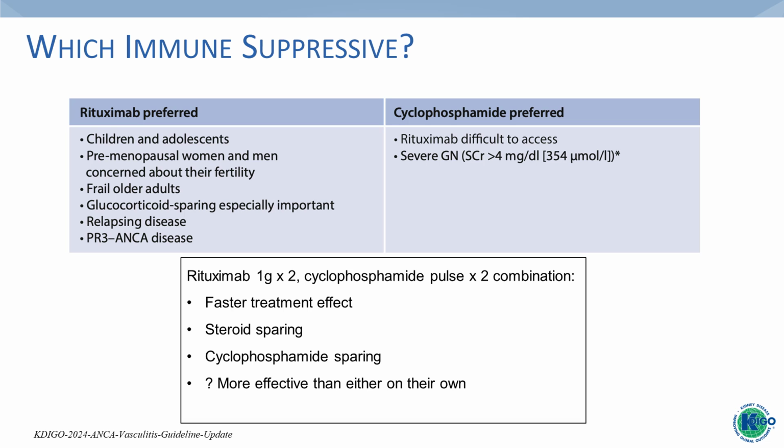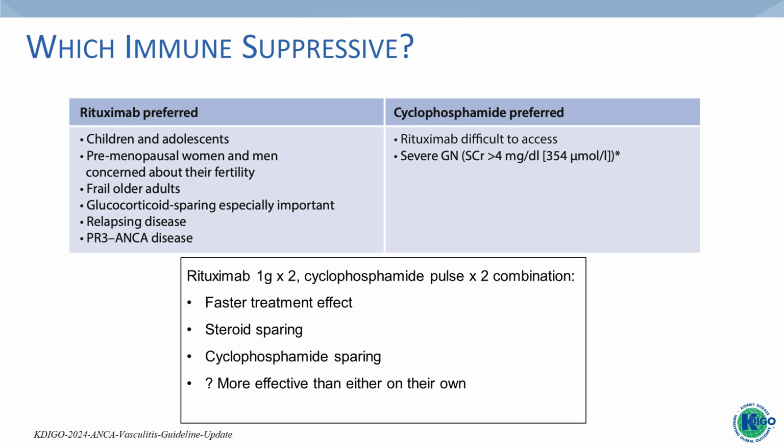So how do you choose between these options? Well, rituximab is preferred for children and adolescents, premenopausal women and men concerned about fertility, and probably in frail older adults who will tolerate cyclophosphamide poorly. Rituximab also gives you a better chance of being able to wean the steroids off, and it's preferred for relapsing disease and PR3 ANCA disease.